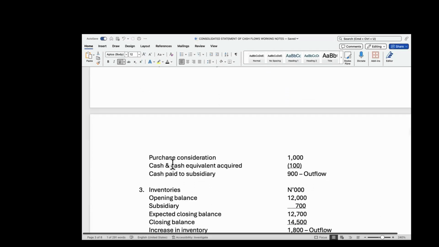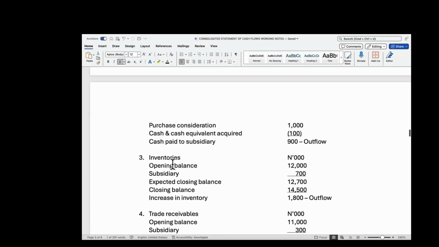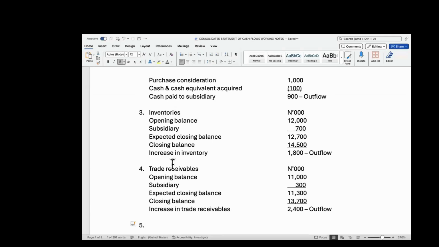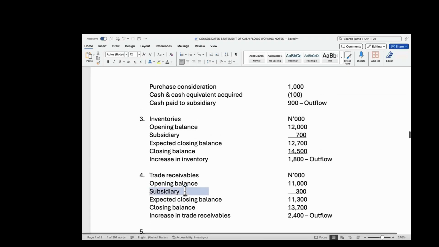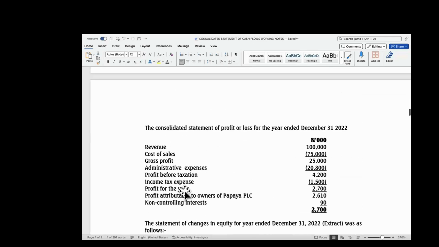That's why we are including any subsidiary assets in the movement as well. That's the new thing here, because this is consolidated and the subsidiary's assets would have been consolidated.